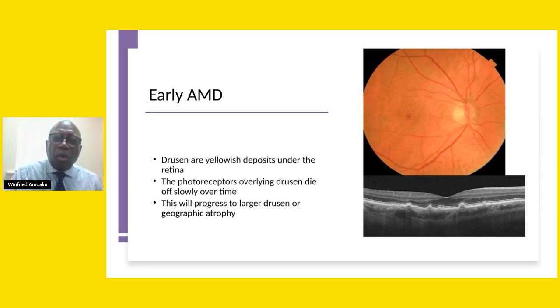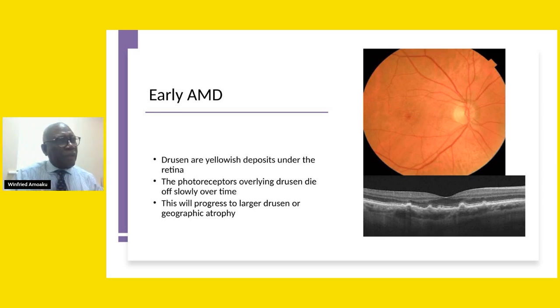Now, the OCT, which is below, shows you the little bumps underneath the photographic film, and those bumps represent the accumulation of drusen. Now, the importance of this drusen is that the photoreceptors overlying the drusen will slowly malfunction or die over time.